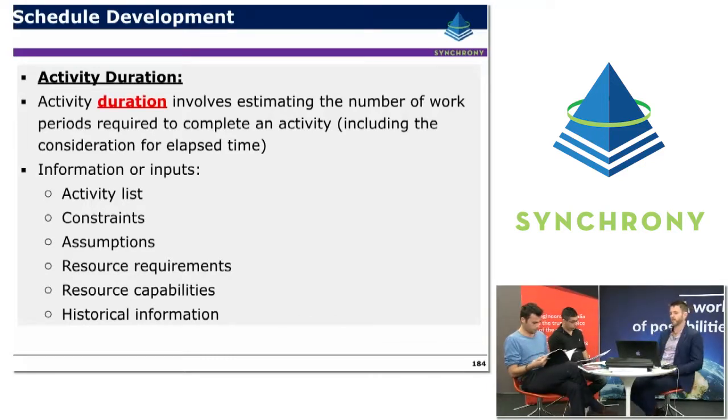Some of the inputs include activity lists, constraints, understanding what assumptions you've made, particularly things such as weather, understanding what normal weather assumptions you've made will affect the duration of your activity, resource requirements, resource capabilities, and historical information is very helpful as well if you have access to it.